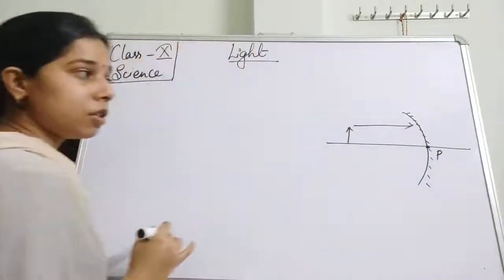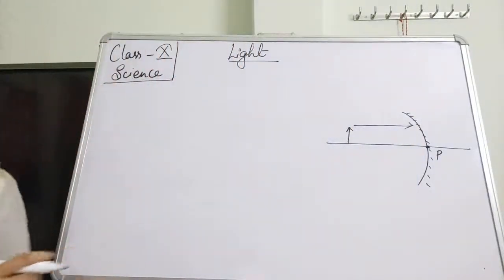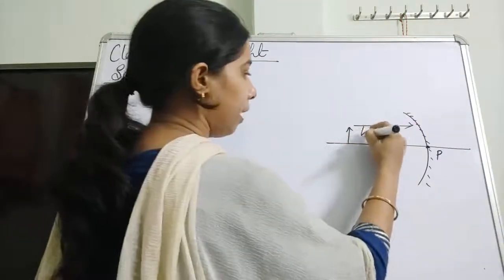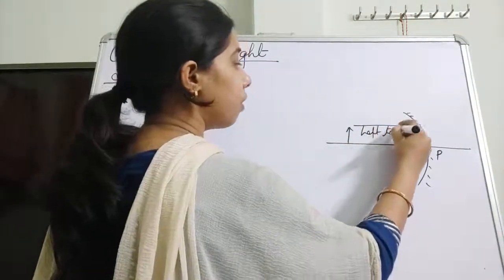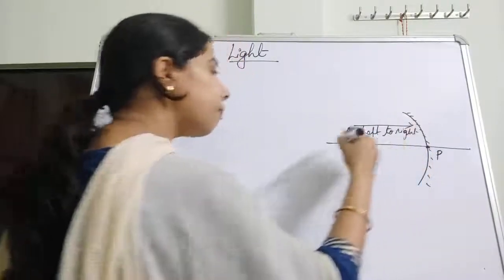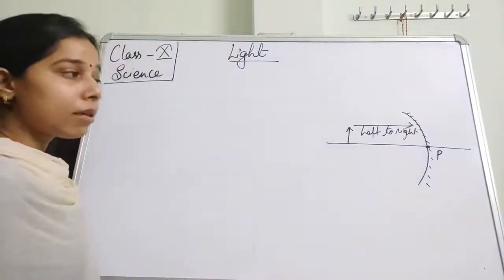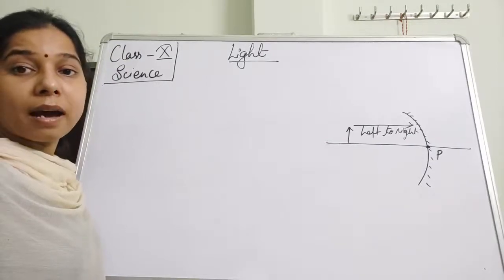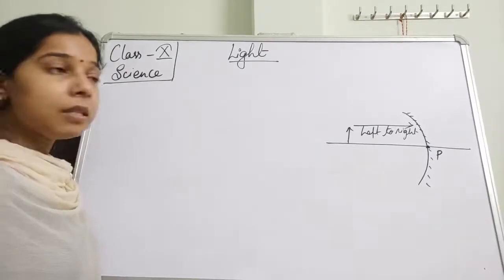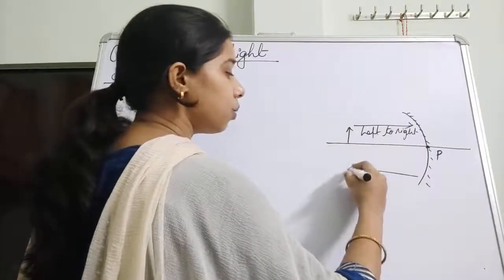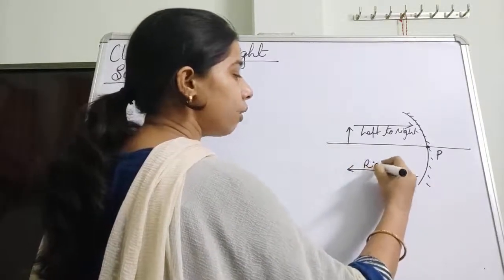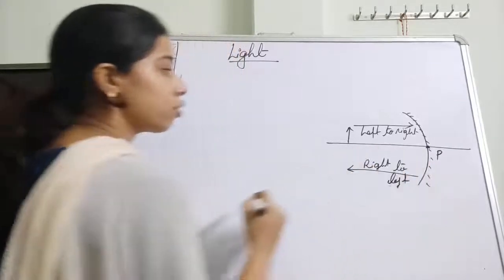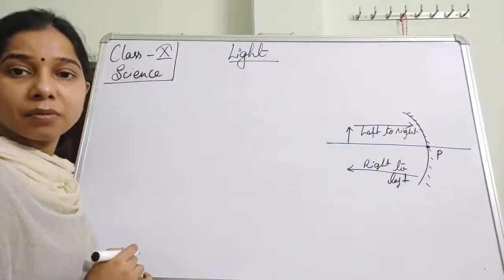So this is the direction, from left to right. If the distance we have to measure is from left to right, that is towards the direction of the incident light, then we will take that distance as positive. But if it is just opposite to that, that is right to left, the distance measured will be taken as negative.